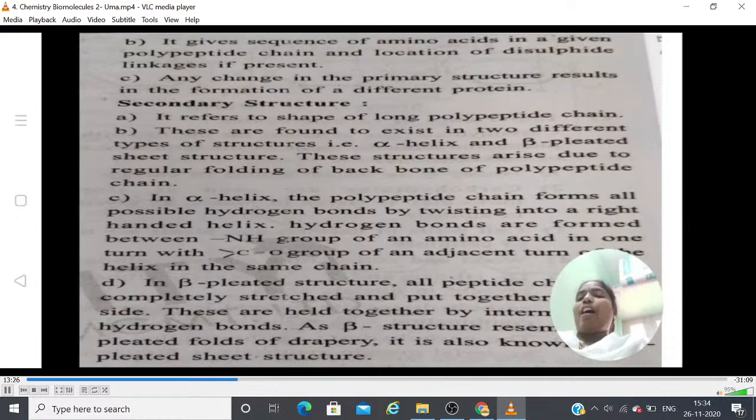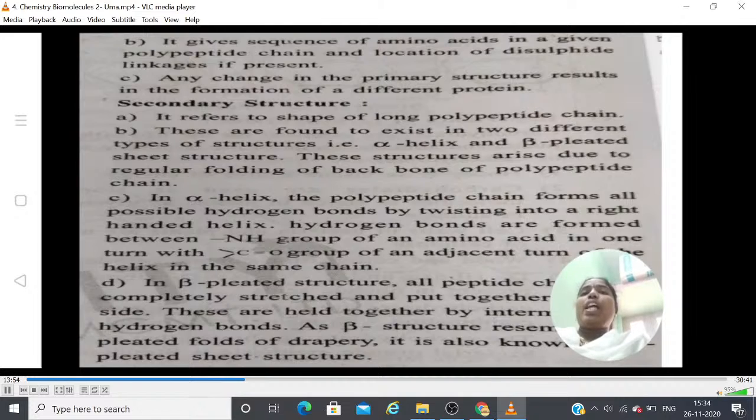In alpha helix, hydrogen bonds are formed between the NH group of an amino acid in one turn and the carboxylic group of the adjacent turn of the helix in the same chain.